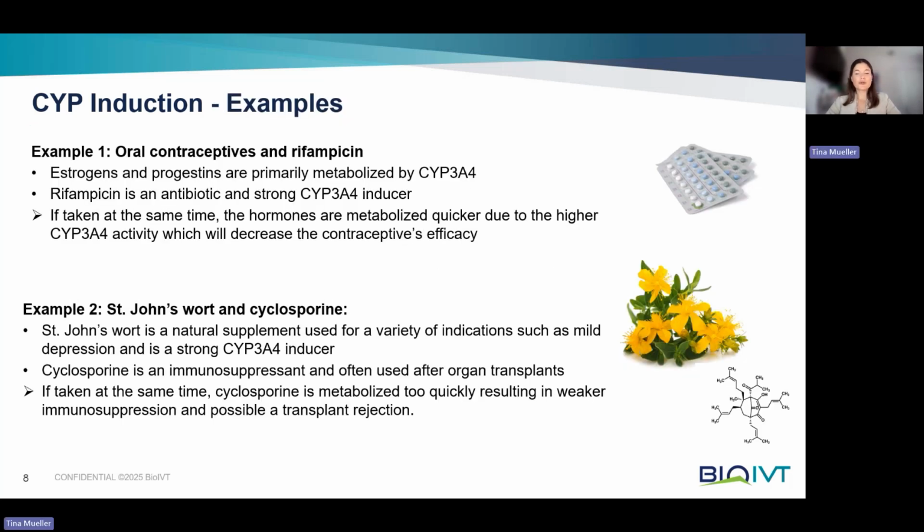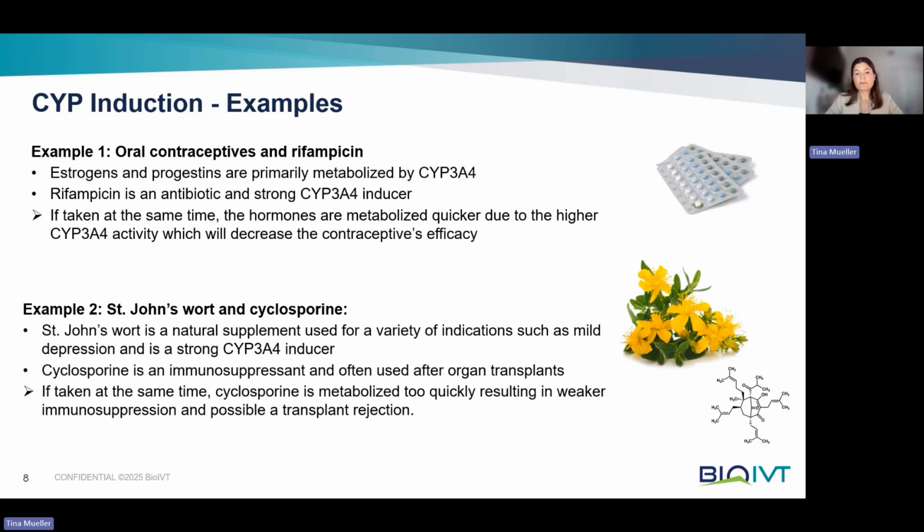Now, I also wanted to show two classic examples where CYP induction has played an important role in drug-drug interactions. The first example is around oral contraceptives. So estrogens and progestins, the two active compounds in oral contraceptives, are primarily metabolized by CYP3A4. If a patient also has to take the antibiotic rifampicin to treat gram-positive or mycobacterial infections, so for instance, tuberculosis, she needs to be cautious.